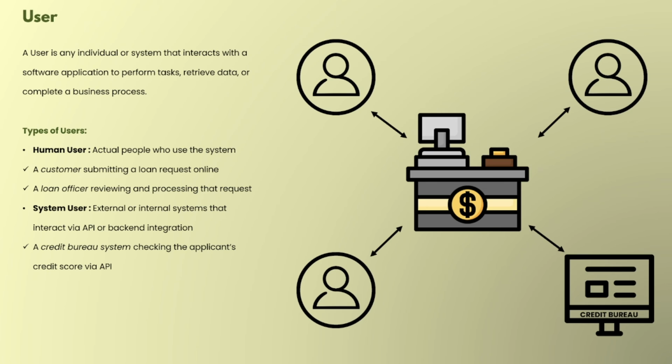For example, a credit bureau is the system checking the applicant's credit score via API. The credit bureau is a different system, our loan management system is different software, and both systems are connected with each other. So we consider the other system as a user as well. Knowing your user is very important.